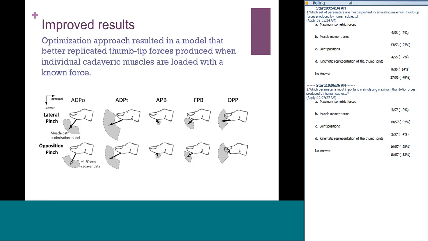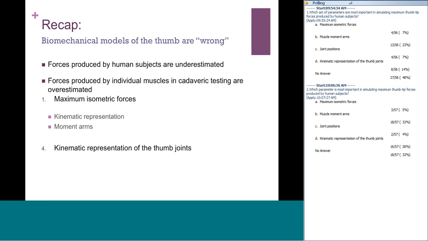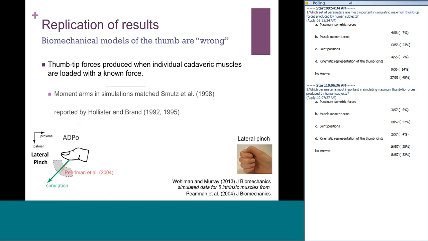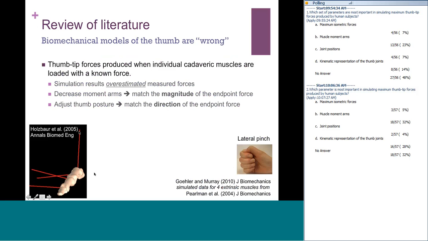OpenSim for? So all of the results here were completed in a combination of SIM and MATLAB. So we started with the biomechanical model from Holzbaur, 2005, which is a model that was developed before OpenSim existed.